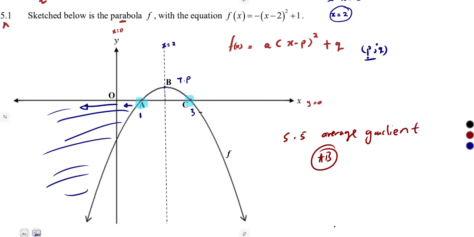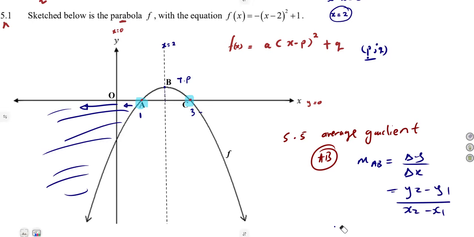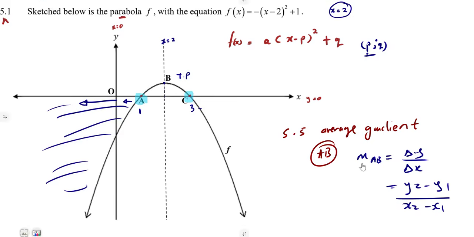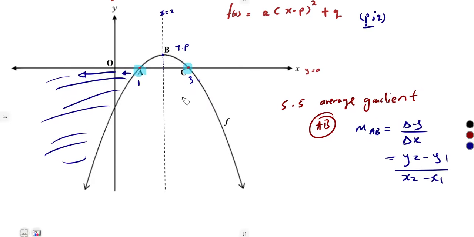All right, so we are given the points A and B. From the points A and B, I can just write gradient of AB from the change in Y over the change in X. That's going to be Y2 minus Y1 over X2 minus X1, Y values over the X values. All right, so remember, we have got the point A, which is given as (1, 0).